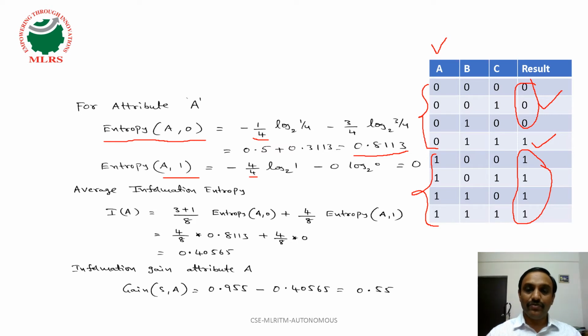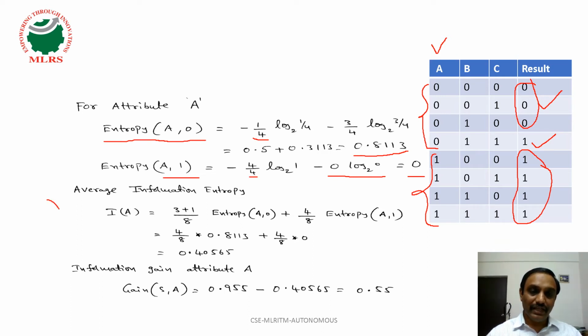So 4 by 4 log 4 by 4 is log 1, base 2, minus 0 because there are 0 negative examples. 0 by anything is 0, and log 1 is 0, so the total value is 0. That is the entropy of the attribute for value 0 and for value 1.